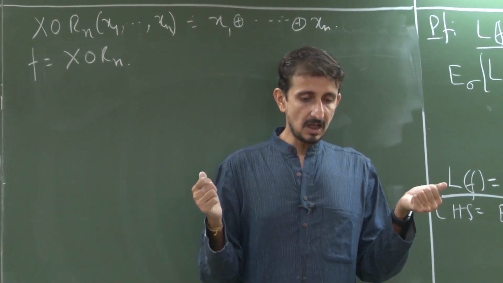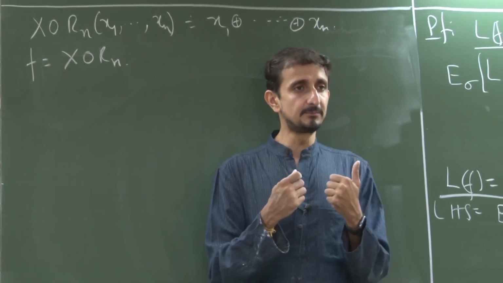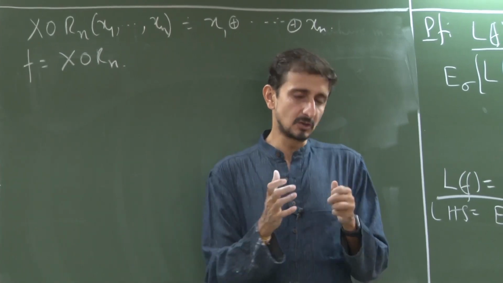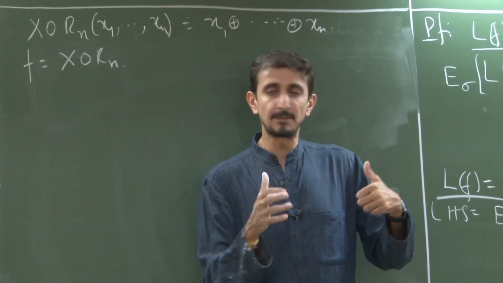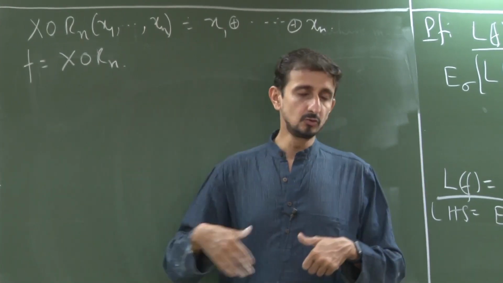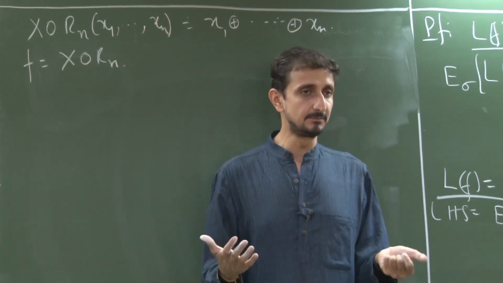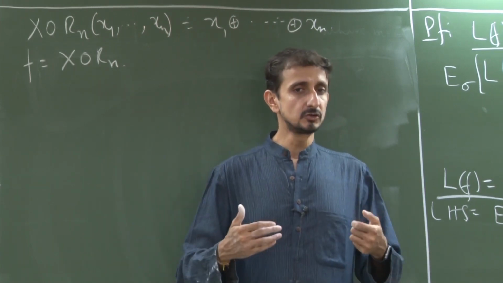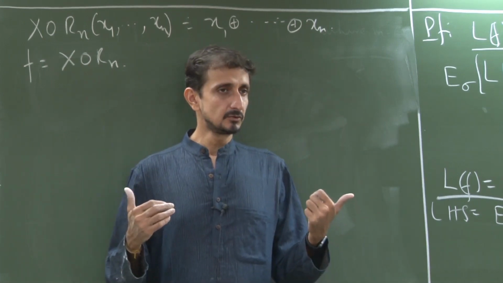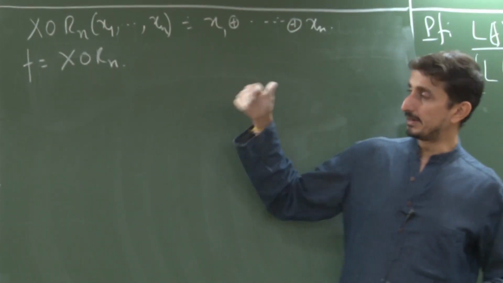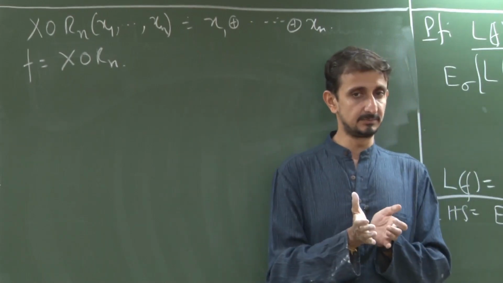So, how many variables do you need for parity to change its value? So, let us say if I restrict parity from n to some m many variables, how large should m be so that the value of XOR depends on that many number of variables?